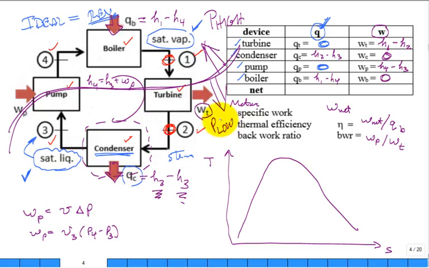So the boiler operates at 1 pressure, the high pressure, the boiler pressure. The condenser operates at 1 pressure, the low pressure, the condenser pressure. So right away, if I put 2 lines of constant pressure on my TS diagram, one at the boiler pressure, one at the condenser pressure, then I know that of my 4 states, 2 of them lie on one of those lines and 2 on the other line.